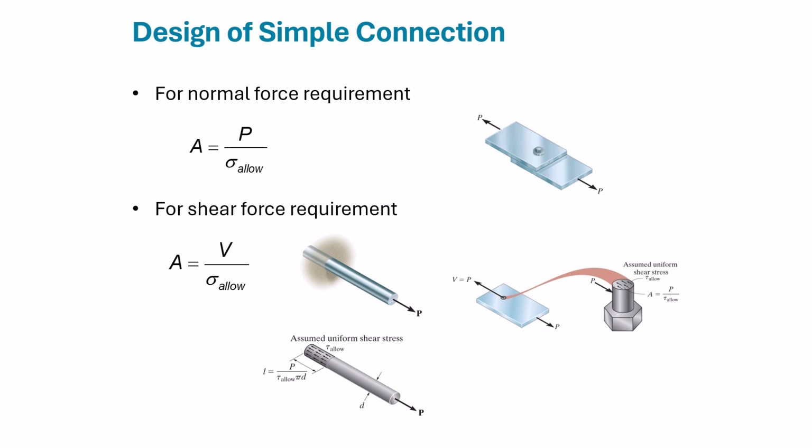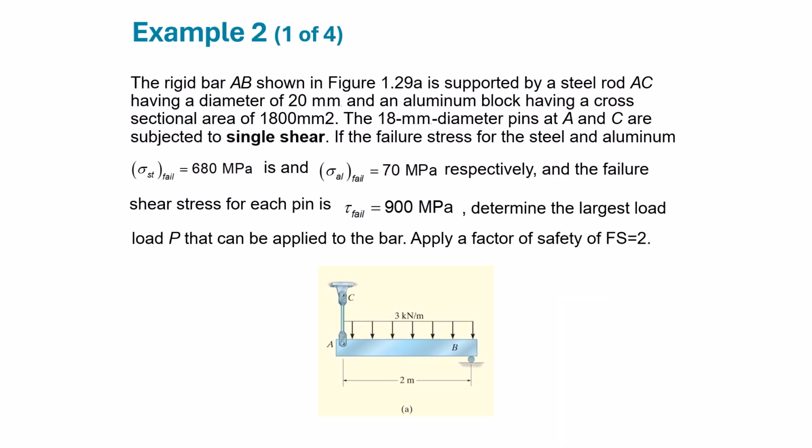Then for the shear force requirement, the area is to be determined when we have a shear force, and again we are using some sigma allowable, which is already given to you for steel profiles or concrete profiles, etc. So that is the thing which will be given to you when you start to design.